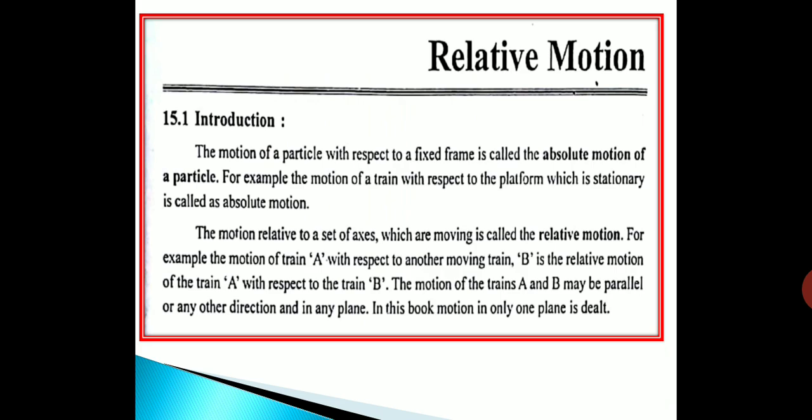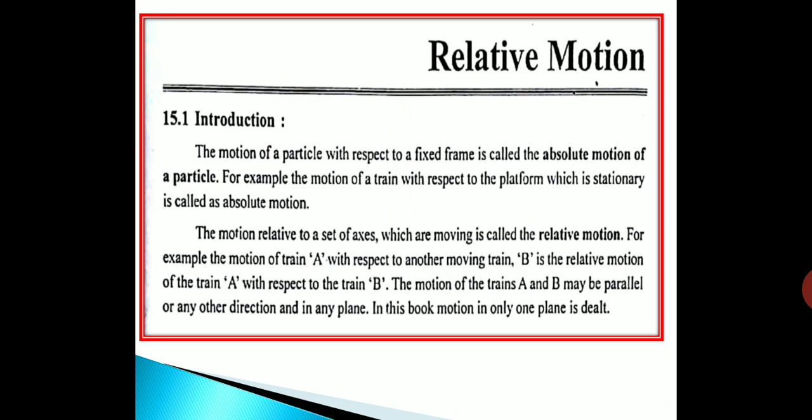So firstly, we will understand what is absolute motion. Now, if an object or a body is moving with respect to a fixed entity, that motion will be termed as an absolute motion. For example, a train is moving with respect to the platform.